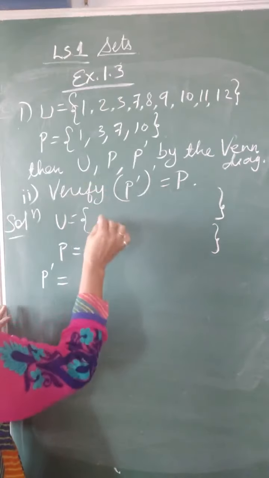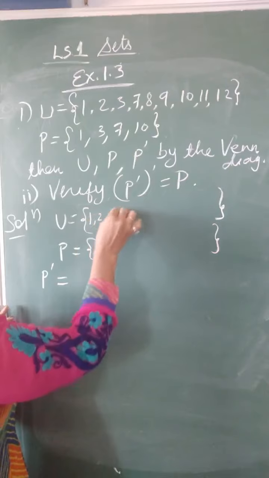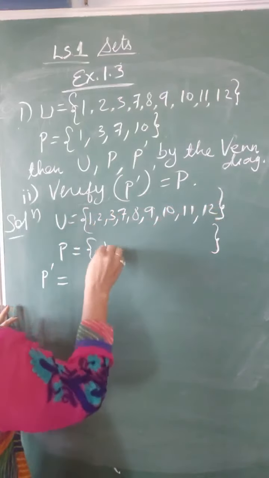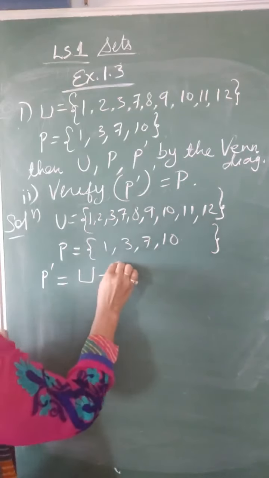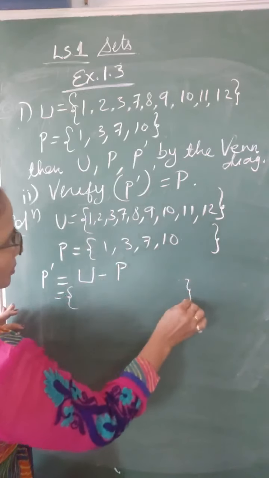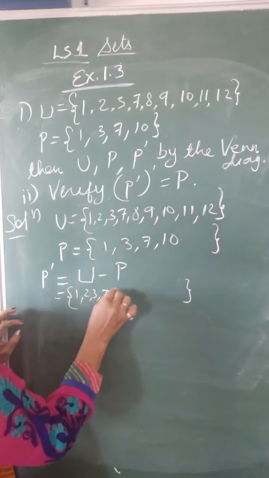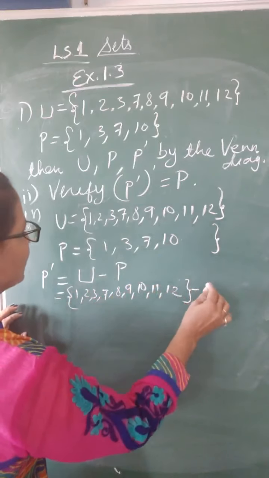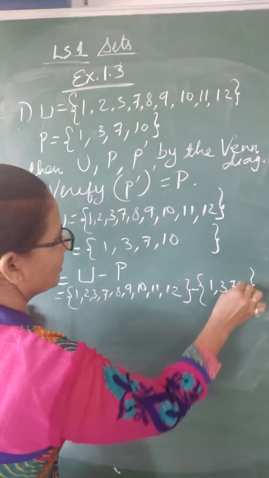So here let us write the elements of U: 1, 2, 3, 7, 8, 9, 10, 11, 12, and these are the elements of P. So U minus P: the elements of U are 1, 2, 3, 7, 8, 9, 10, 11 and 12, minus P. What are the elements of P? 1, 3, 7 and 10.